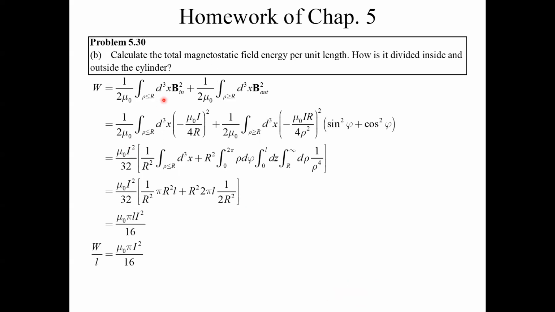And next, calculate the total magnetostatic field energy per unit length. How is it divided inside and outside the cylinder? So we just integrate using the formula 1 divided by 2 mu 0 times the integral of the B field squared over the space, both inside and outside.